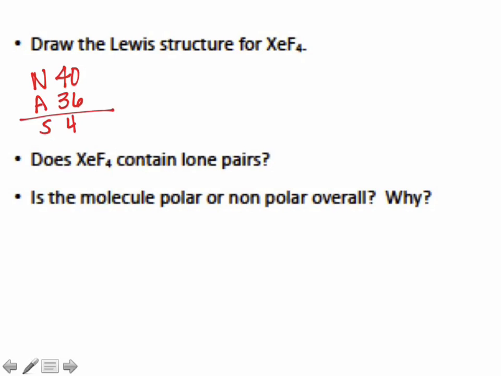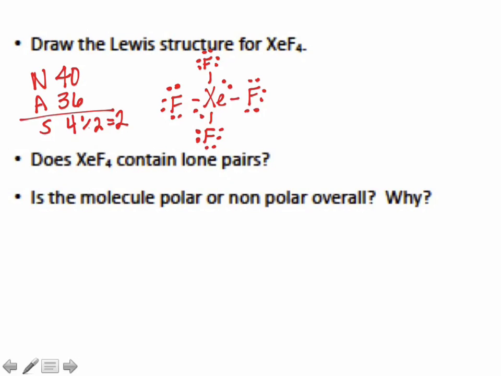So we're sharing 4, divided by 2 tells me we have 2 bonds, but we have 4 atoms, so we know that this is probably going to be an expanded octet. And then we finish out the fluorines. So we have 32, 33, 34, 35, 36.